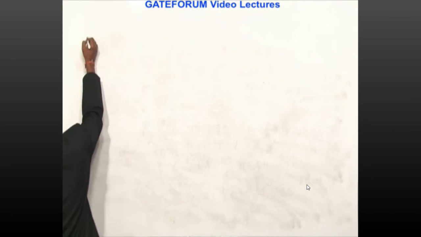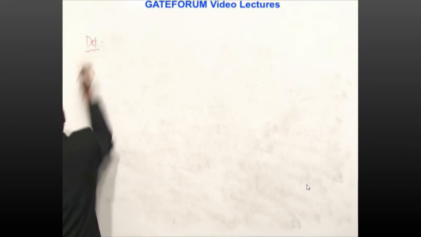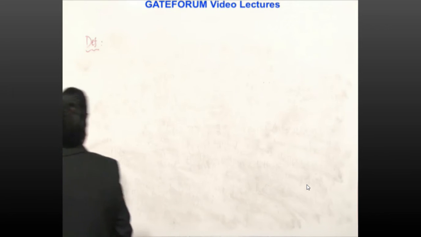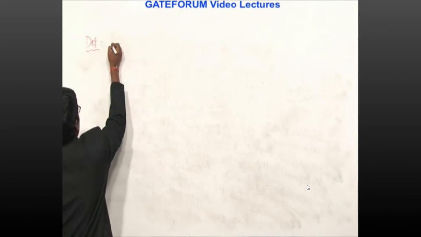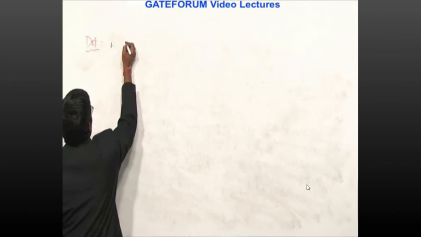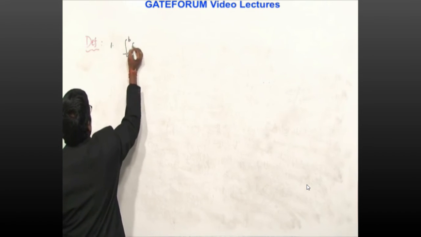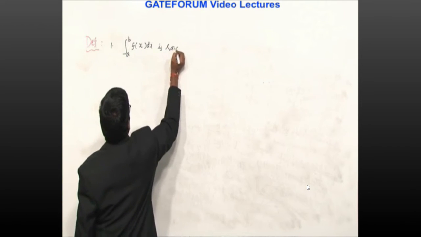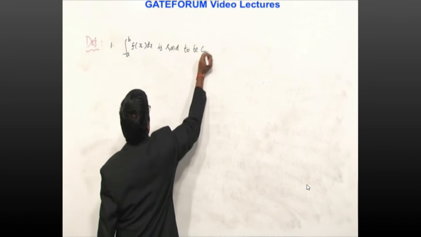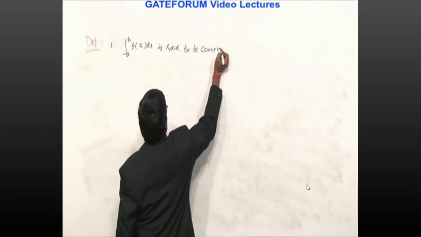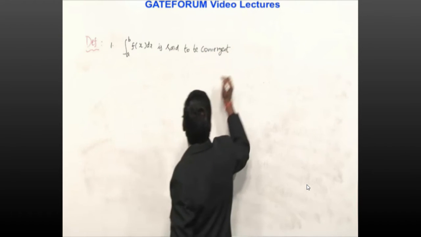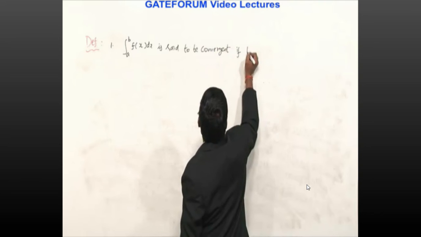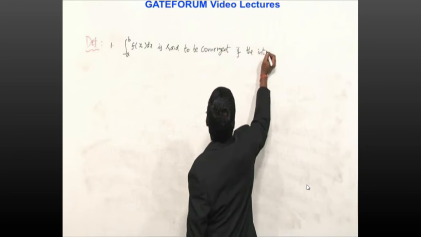Now definition. First point, integral a to b f of x dx is said to be convergent if the integral value is finite.